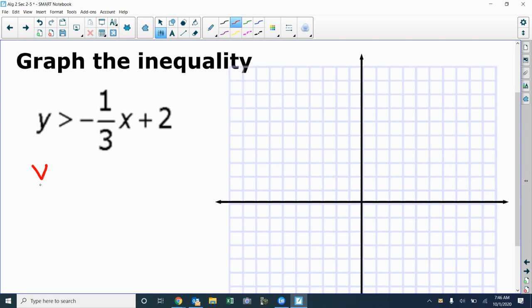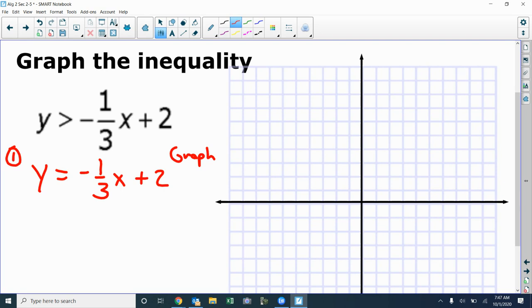So I'm going to go y equals negative 1/3 x plus 2. The reason I'm doing that is that's going to help me graph. I don't want to mess with the inequality, especially if it's not in a form that's going to help me graph easily.